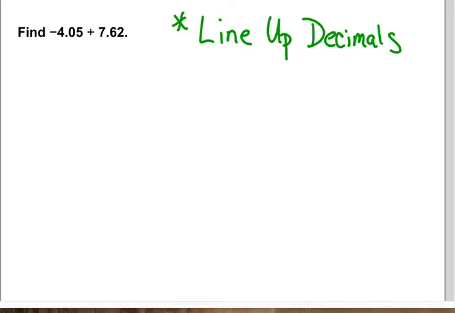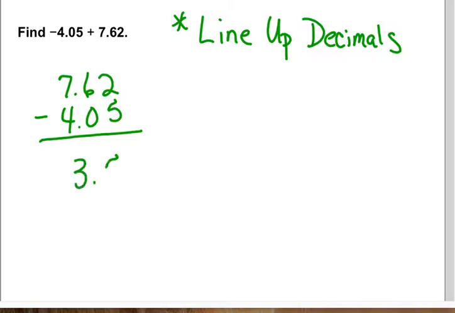And so then I subtract 7.62 minus 4 and 5/100. And what is the final answer? The final answer is, Cooper? 3 and 57 hundredths. 3 and 57/100. Do we agree? Yes. Okay.